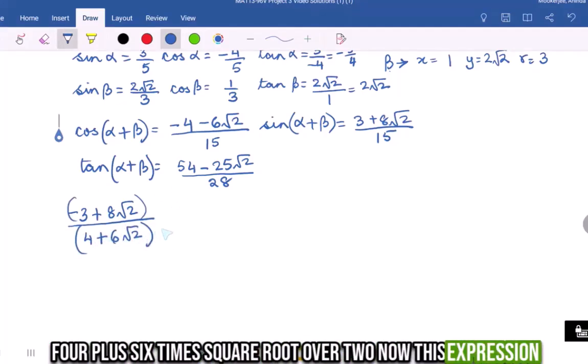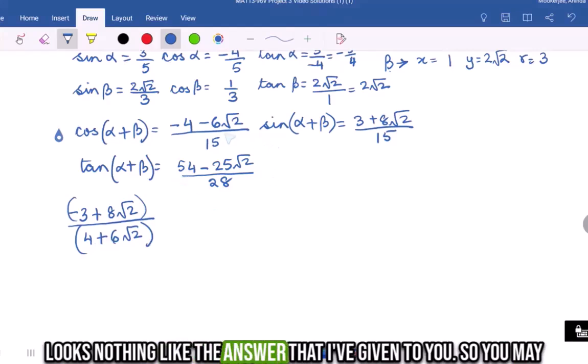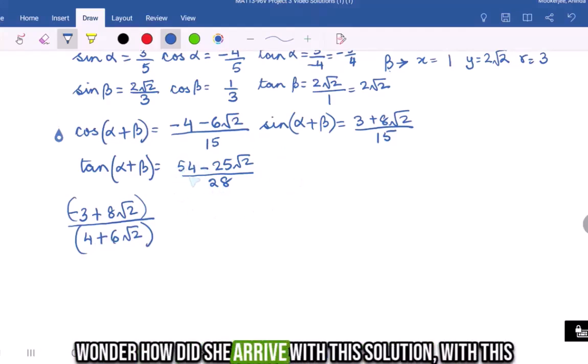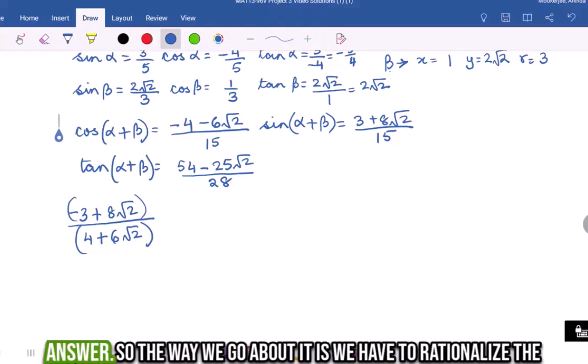Now this expression looks nothing like the answer that I've given to you. So you may wonder, how did she arrive at this answer? The way we go about it is we have to rationalize the denominator.